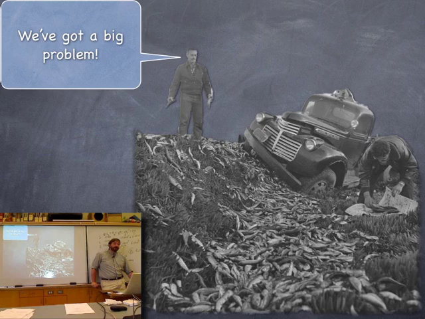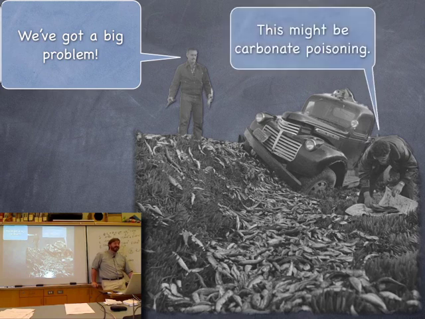So it looks like the fish are being poisoned by the carbonate. Now we have carbonate and acetate in the pond. There's still some fish left, and we want to clean the pond up and then restock with new fish.